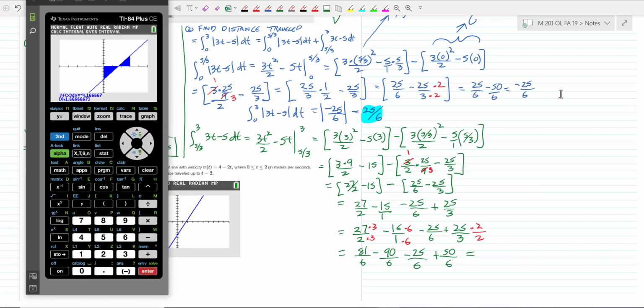So let's see, when I calculate this, what I ended up getting was 16 over 6, which reduces to 8/3.